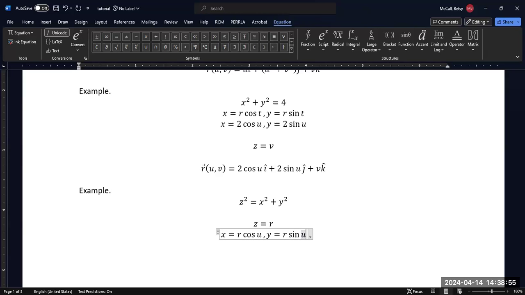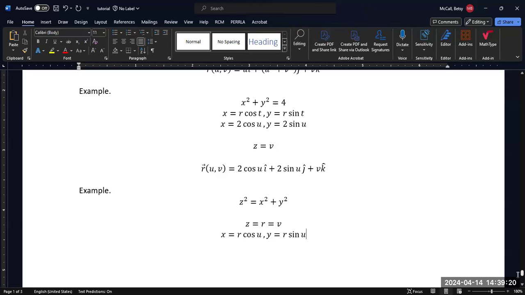We can still do that, except r is not a constant, so we can't replace it like we did in the previous example with just 2 or something like that. Instead, we have r is z. So what we're going to do is let that r equal our other variable.